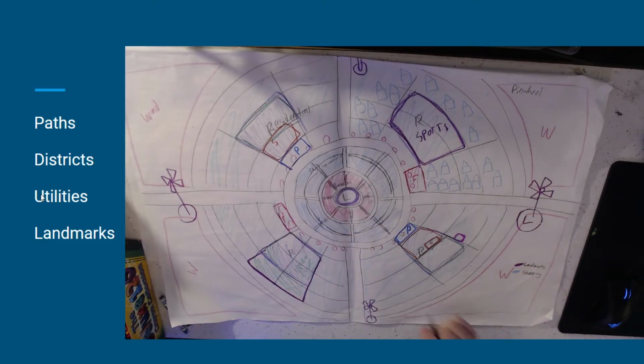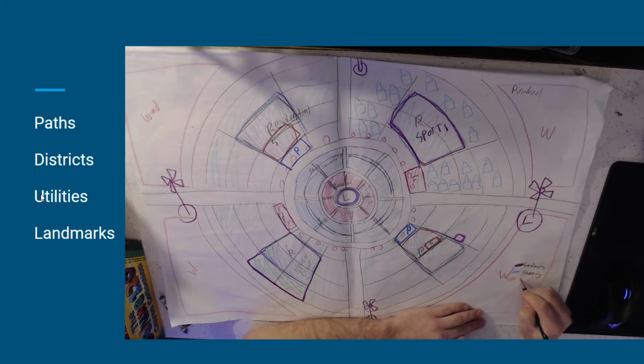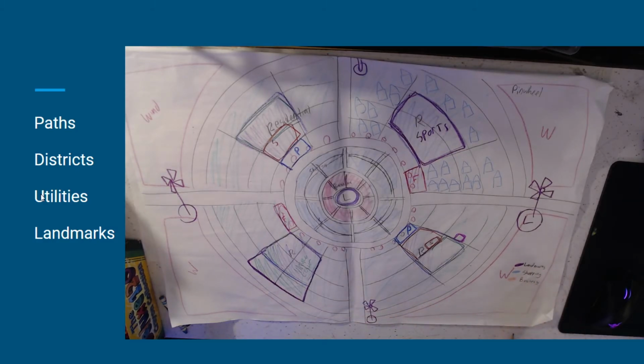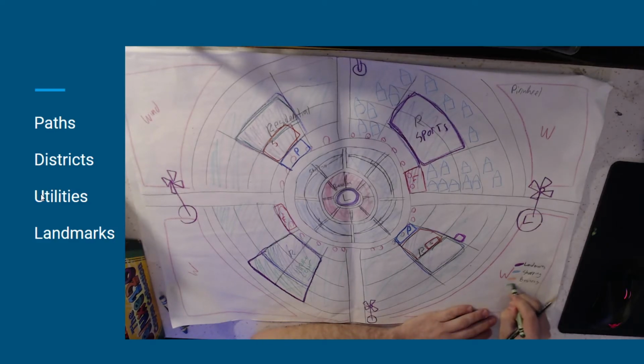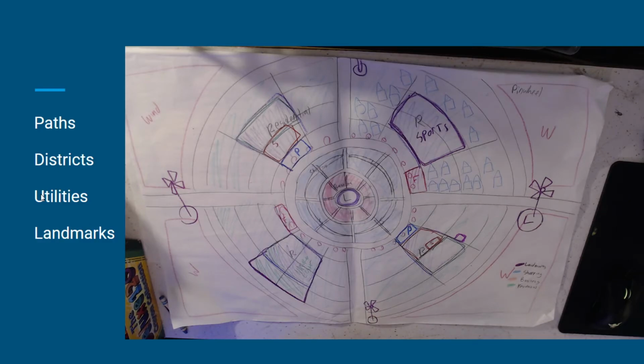And then the pink was business, right? So I put a little pink, business. And then we had green for residential. Residential means houses, right?